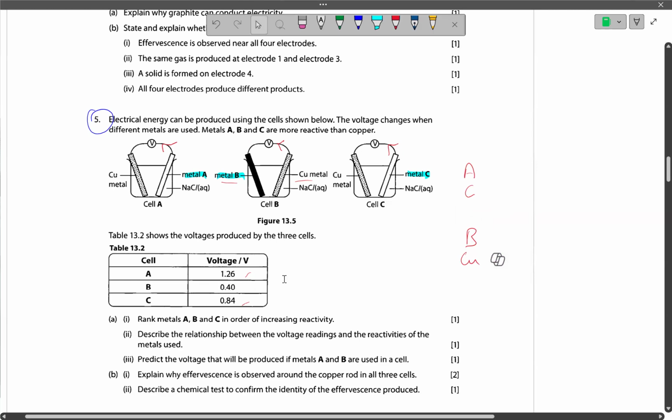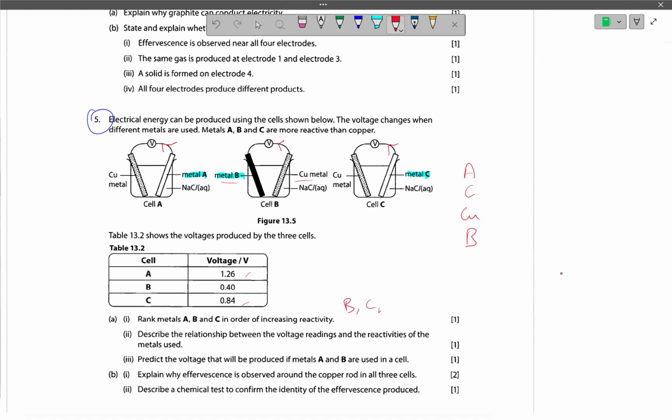By right, when you set up something like that, the positive and negative shows the direction of flow. I don't know why they put it like that, B and copper. So very likely, in this case, A to copper, C to copper, and here copper to B. But copper to B is still the smallest. Answer is still B, C, A.